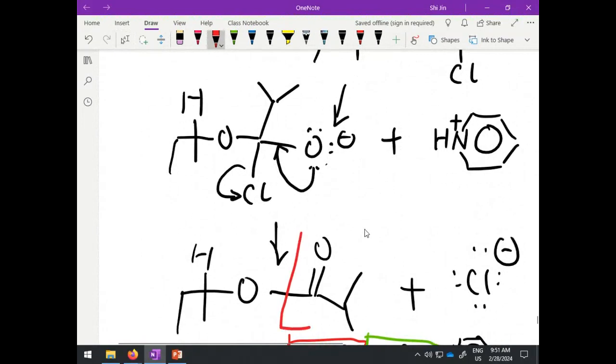So this electrophilic part is bound to the alkoxy part of the alcohol. And the key point is that any configuration, any stereocenter you might have in the alcohol will be completely retained in the product.